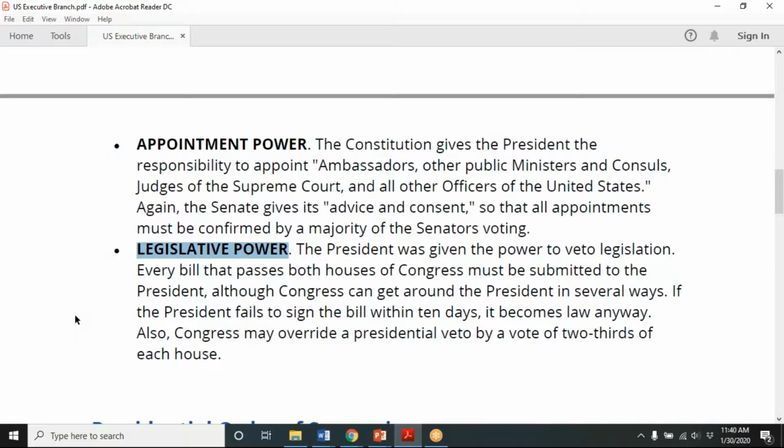Okay, so this should be a big part of the president's job, although the way that Congress works, they don't pass as many laws as maybe they should, because there's so much disagreement between the two major parties, the Republicans and Democrats.